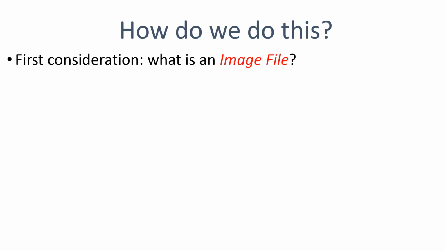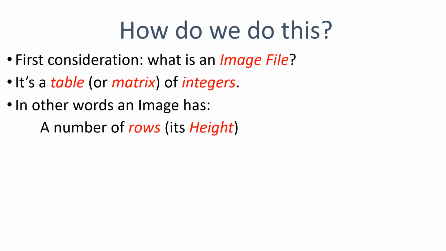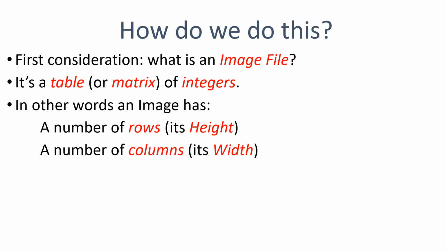So how do we do this? Well, first of all, let's look at what an image file actually is. And it's just a table. It's a matrix of numbers. In other words, when we consider images in a computing context, we're dealing with something that is some number of rows, the height of the image.